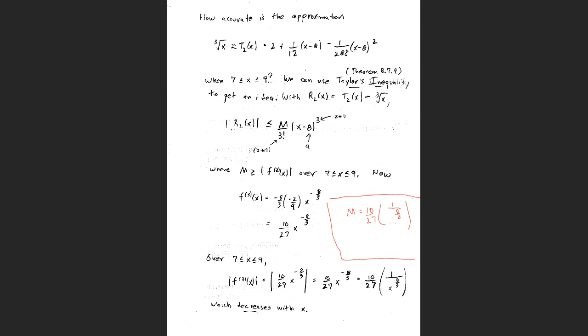Now our choices for x are: x can be any number between 7 and 9, including 7 and 9.